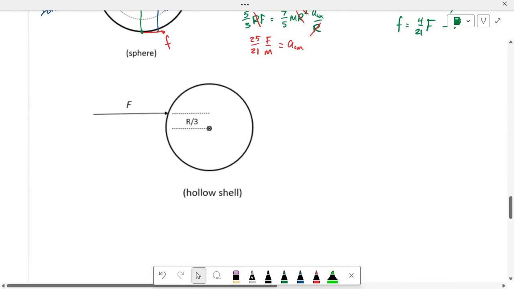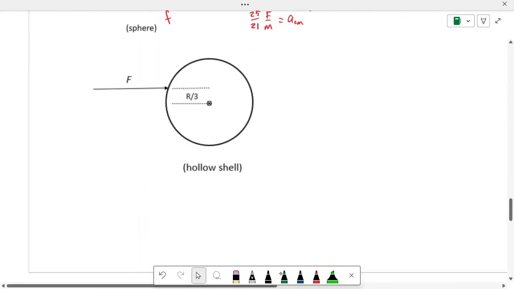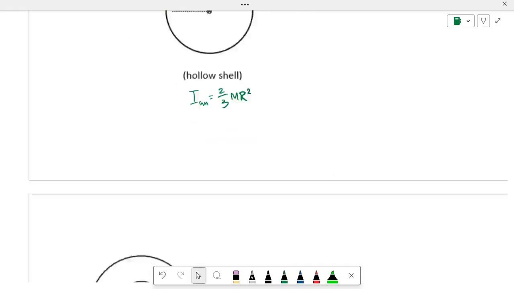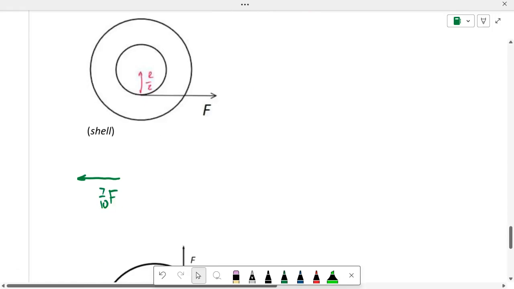Try this one, a hollow shell. Hollow shell, ICM is 2/3 mr squared. Again, 2/3 mr squared.